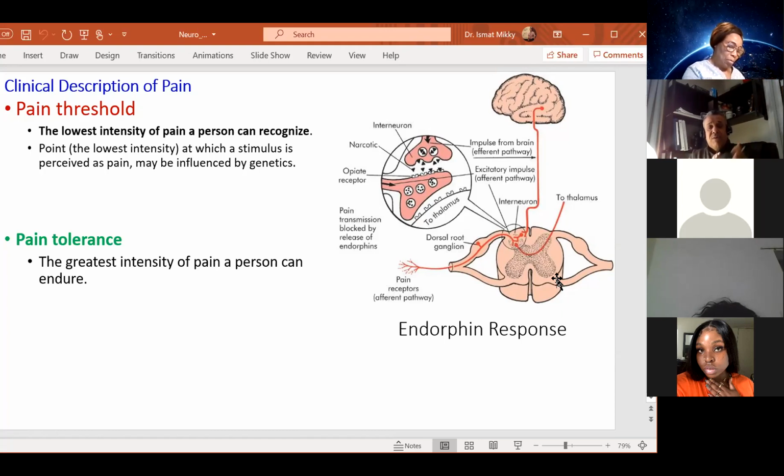So the pain tolerance would decrease with repeated exposure to pain. So the longer the experience with pain, the more that tolerance is going to go up.